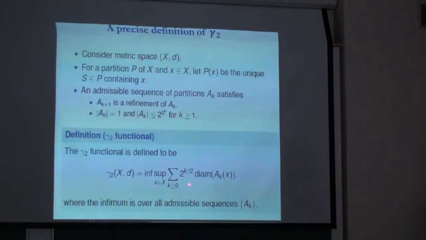The only thing I want to comment is that this 2 to the k over 2 corresponds to the square root of the log of this 2 to the 2 to the k. So you see the square root log that we had before is still hidden in this formula. Okay, the formula looks daunting, but the idea is just the optimizing over trees idea that I told you in the previous slide. That's really the useful thing to remember.